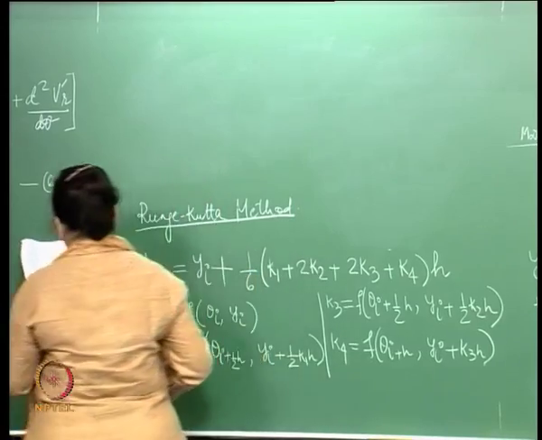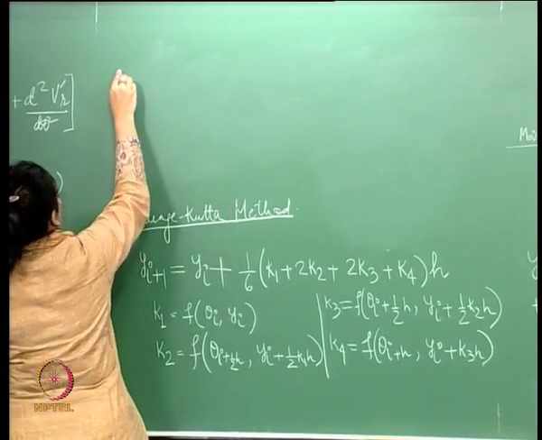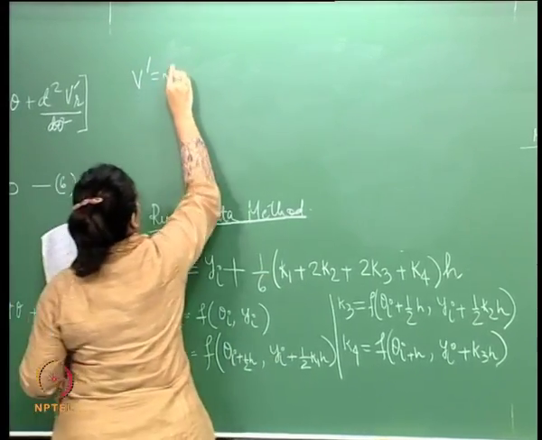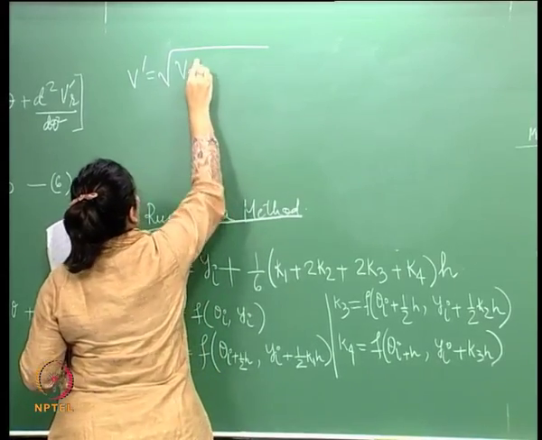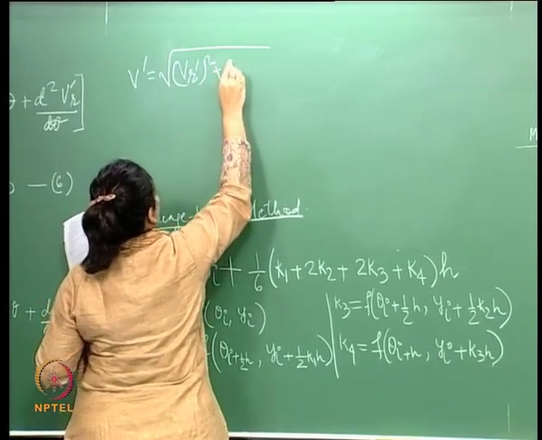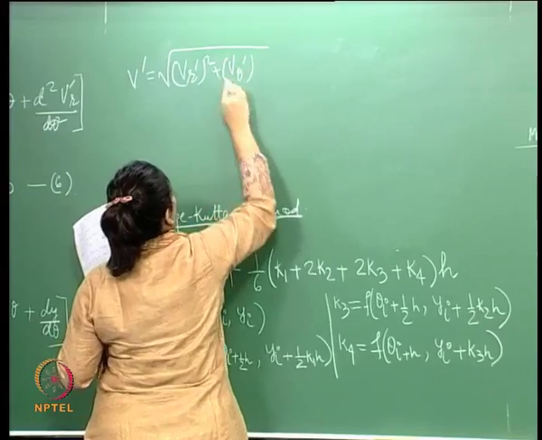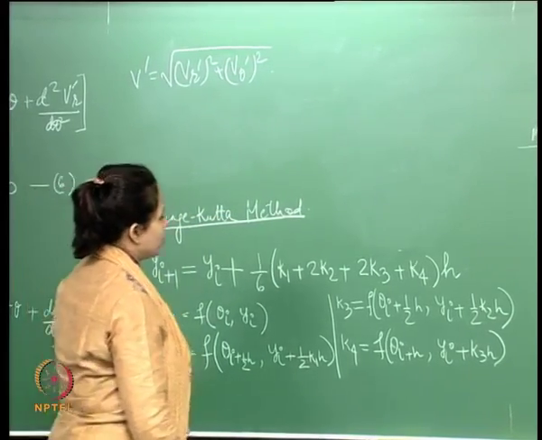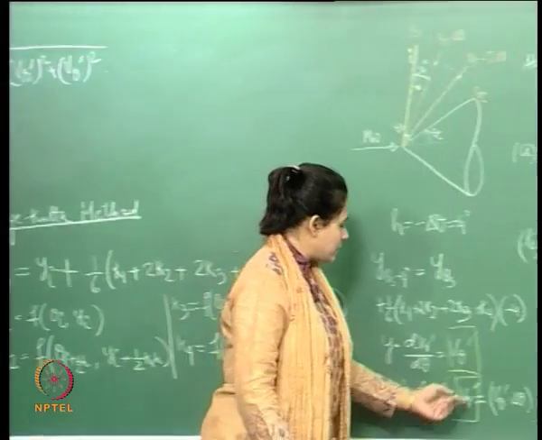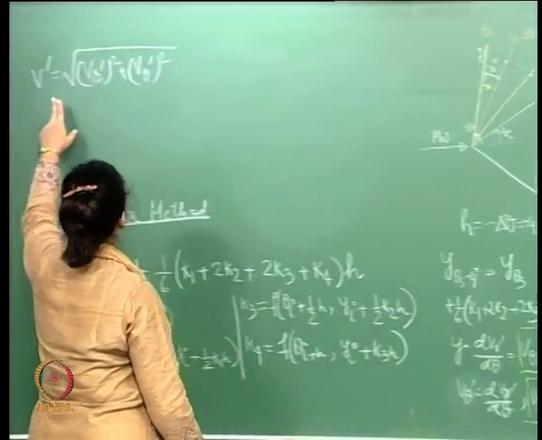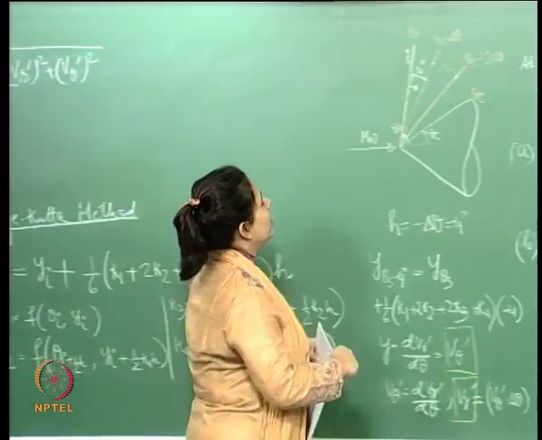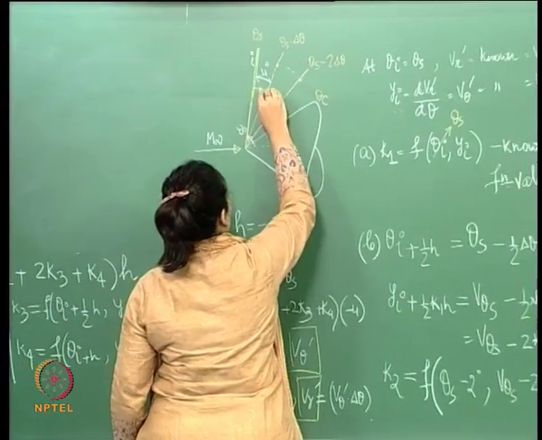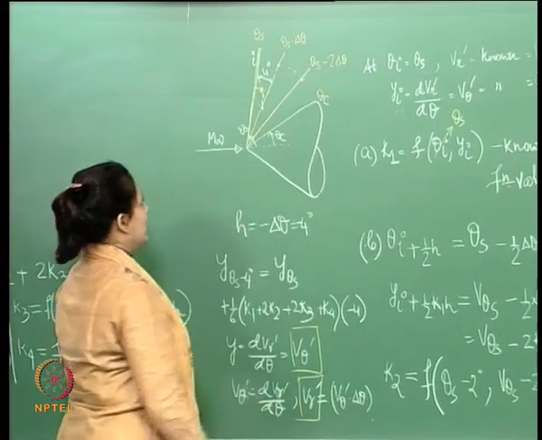So, once we get V theta dash and V r dash, what we get is V dash. In this case, what we have calculated is V dash on this radial line.